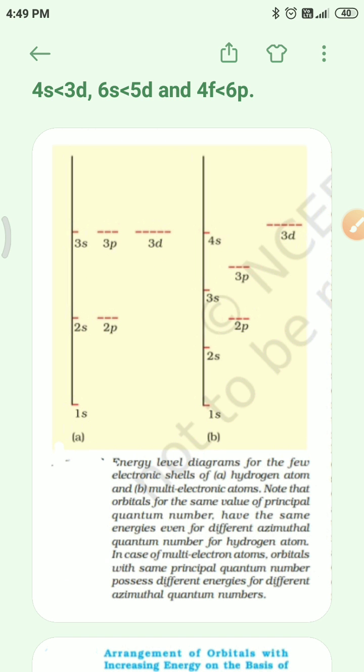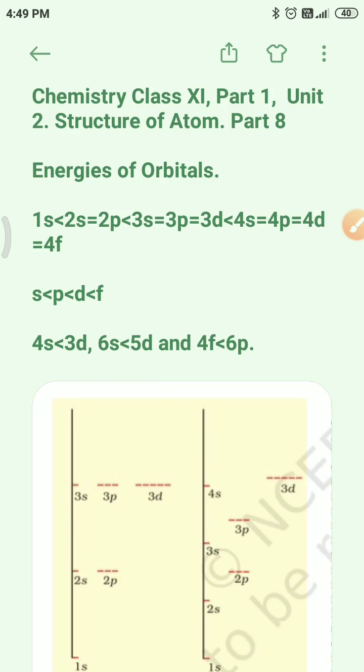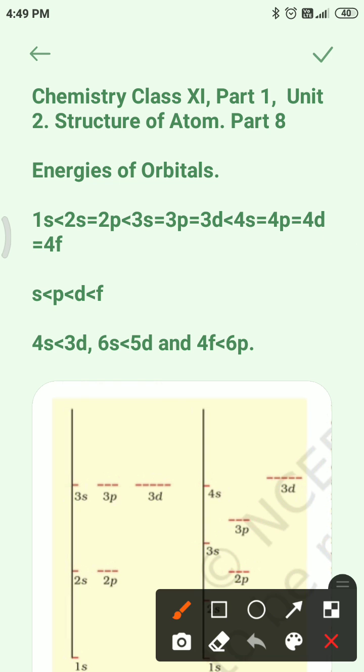Within a given principal quantum number, the energy of orbitals increases in the order s is less than p, p is less than d, and d is less than f.